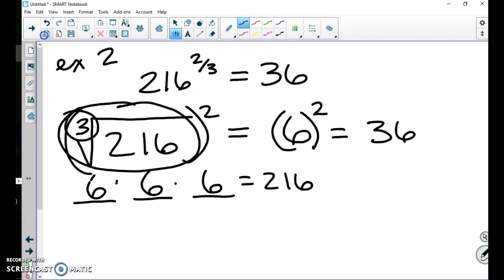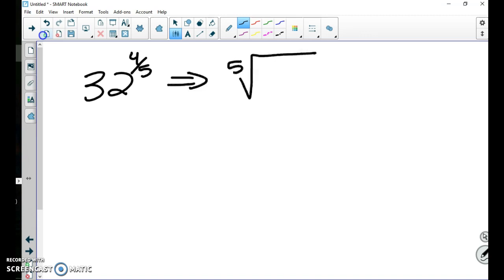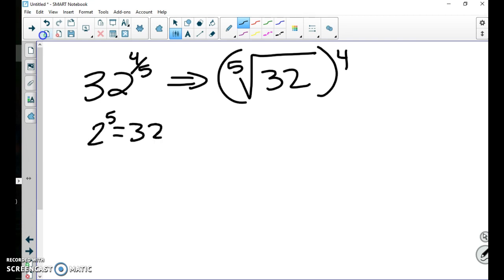Let's look at part B quickly, and then I'll have you do the check it out problems. We want to look at the problem 32 to the 4/5, meaning we want to take the 5th root of 32 and raise that to the 4th power. Well, I know, because I've memorized this, that 2 to the 5th is 32.